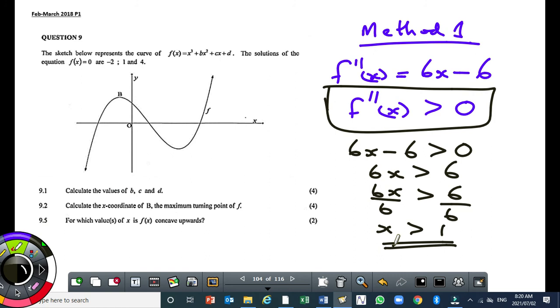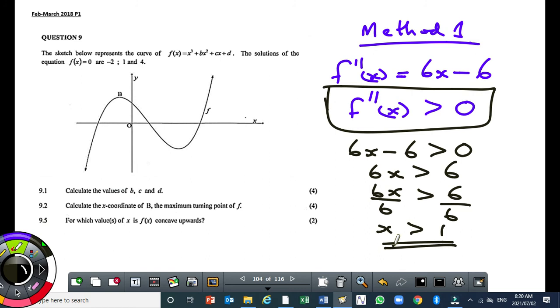I'm going to do it for the second time with a second method. The second method requires you to know the value of x at the point of inflection. I'm not going to use the derivative here, but I can use the derivative to find the value of x.